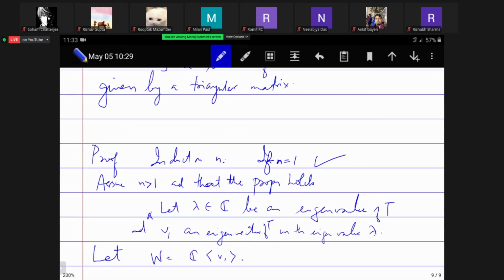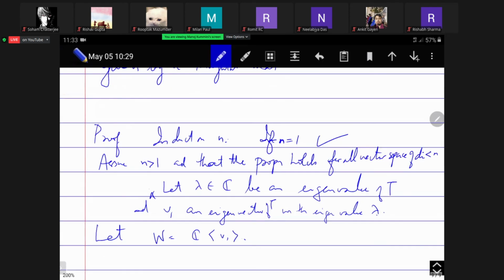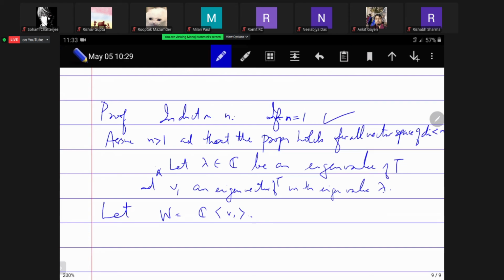Okay. So assume that n is now greater than 1 and that the proposition holds for all vector spaces of dimension strictly less than n. So now we want to prove that it holds for all vector spaces of dimension n. I mean, although it might give us the impression that we have fixed a vector space and are trying to argue for that thing, that is not what we are saying.